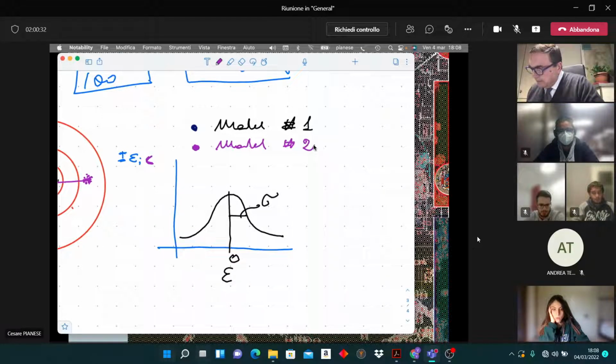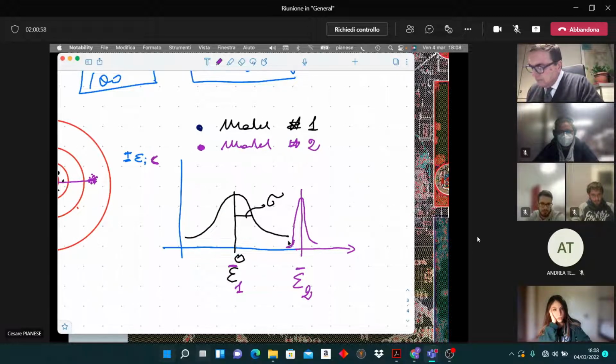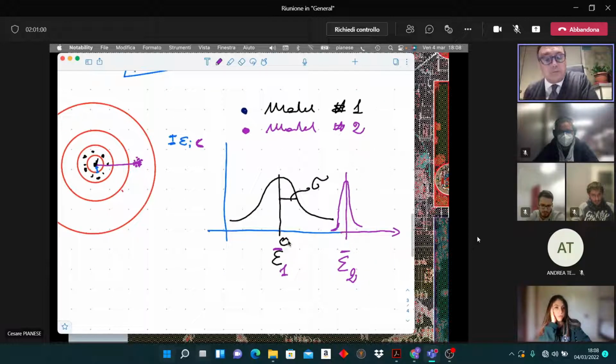Then the distribution you have: this is the average error of number 1, and this is the average error of model number 2, which will be some number. What will be the distribution? The distribution will be like that. Do you agree with this?